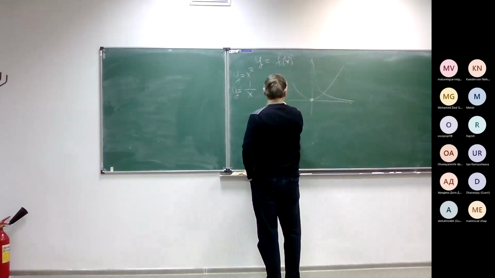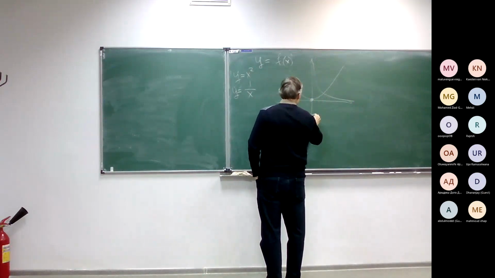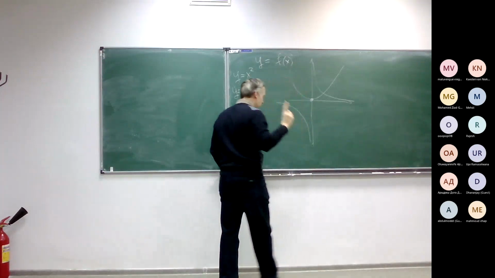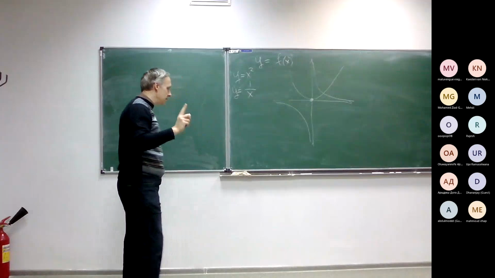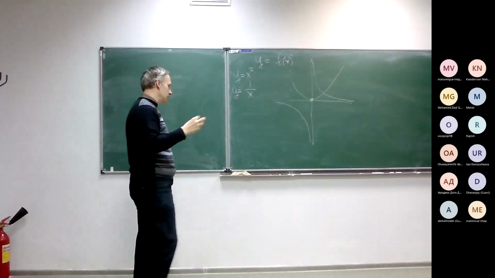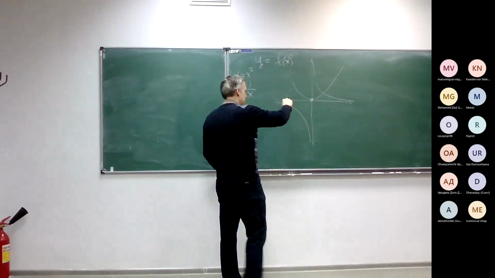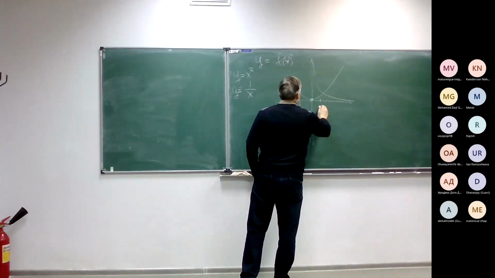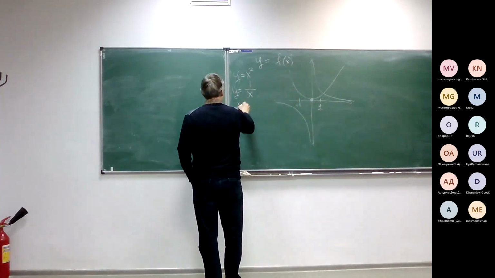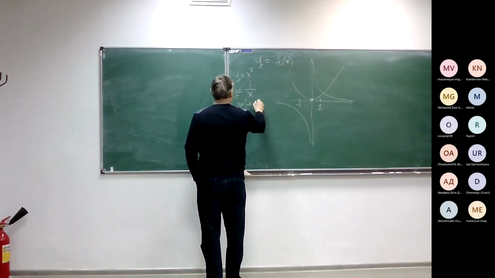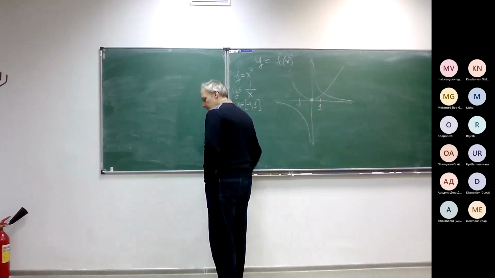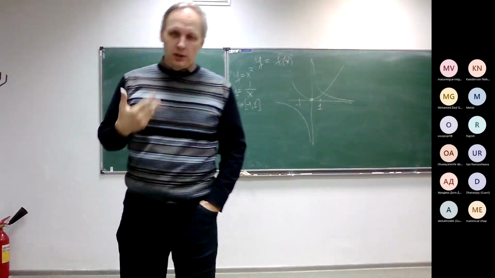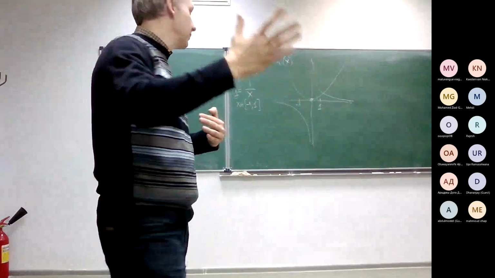If we consider an interval that contains 0, for example x from -1 to 1, in this interval the graph of the function has a gap.